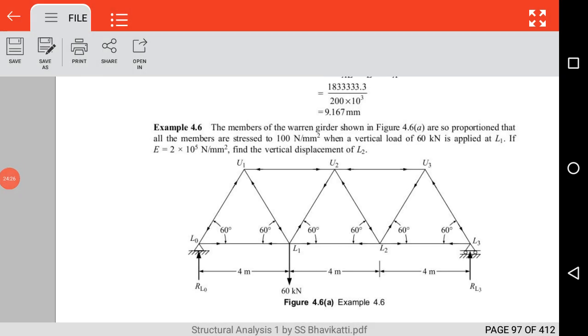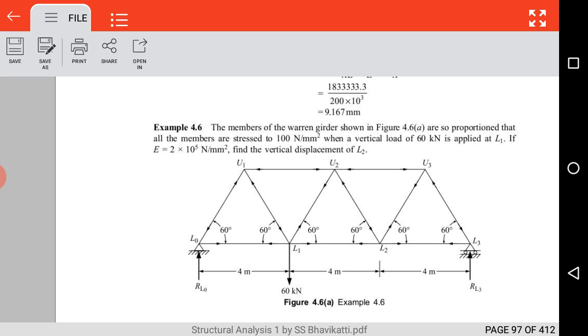Now let us solve another problem where the stresses are the given forces. So this problem states that the members of a wagon girder as shown in the figure are so proportioned that all the members are stressed to 100 Newton per mm square when a vertical load of 60 kilonewton is applied at L1.